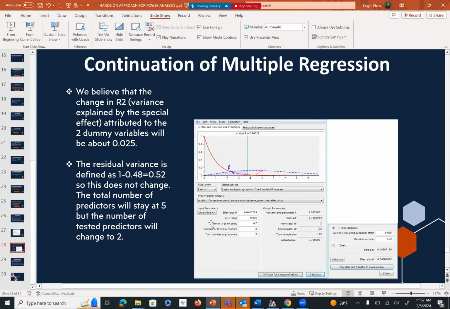So the residual variance is pretty much defined by the previous information that was already given, which was 1 minus 0.48. So we still had 0.52 as a residual variance. And now that we're looking at 2 predictors instead of 1 predictor, we see how the variance changes by adding those 2 dummy variables into our model.